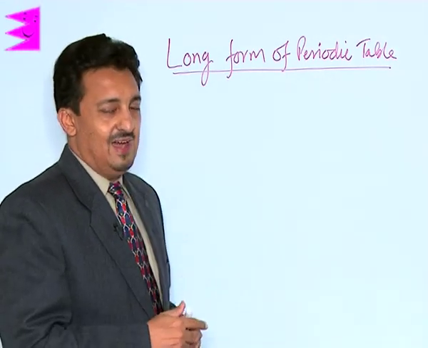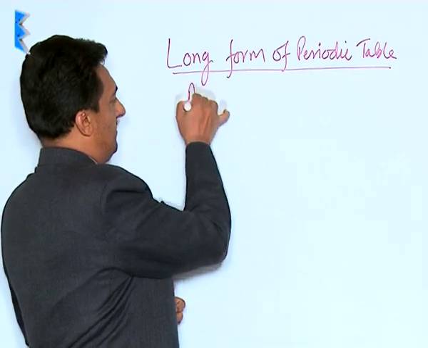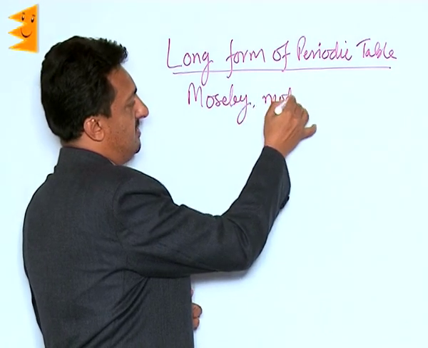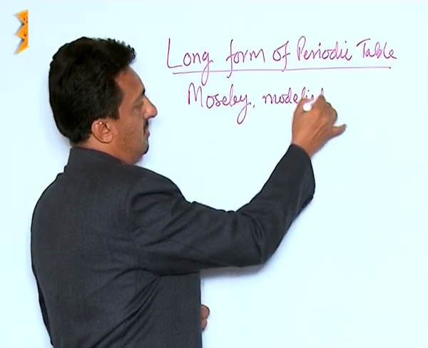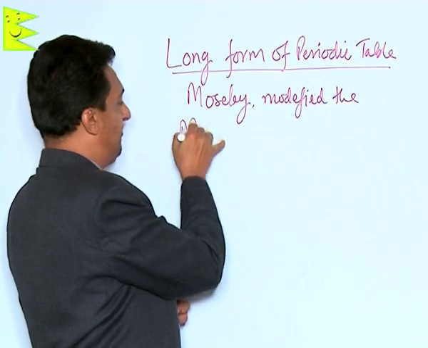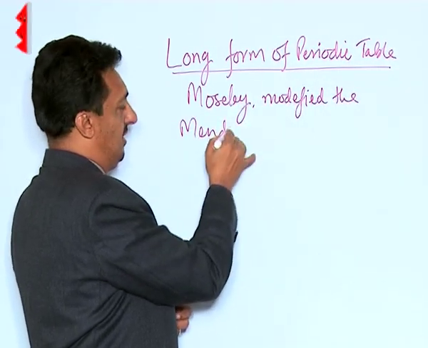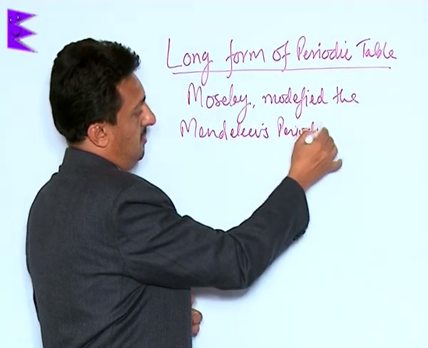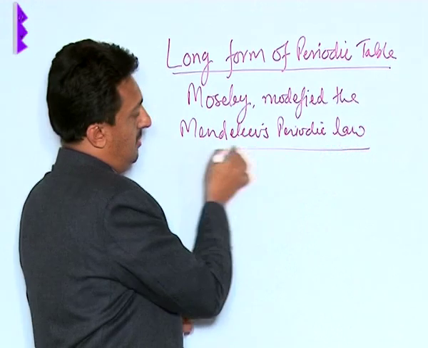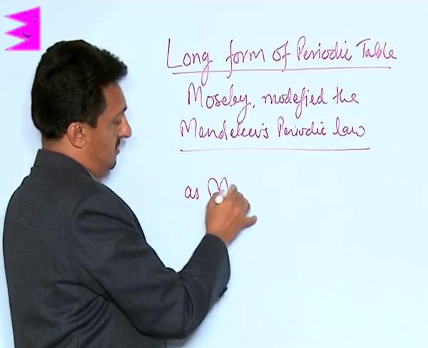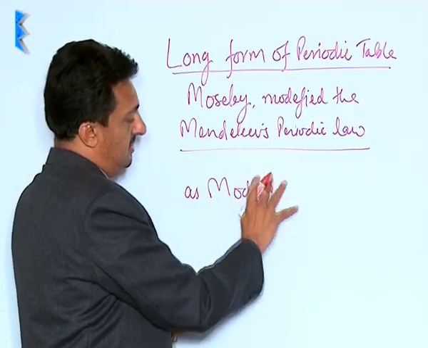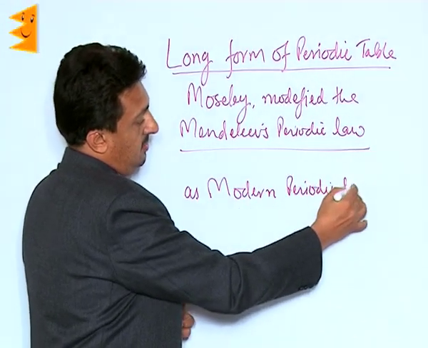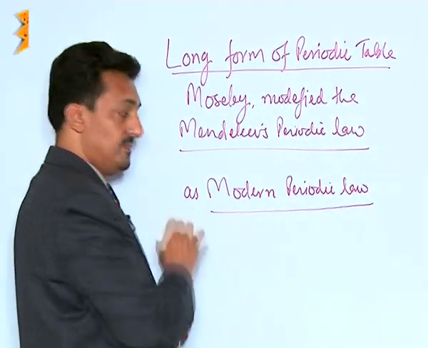So Moseley in 1912 modified Mendeleev's periodic table or periodic law as the modern periodic law.